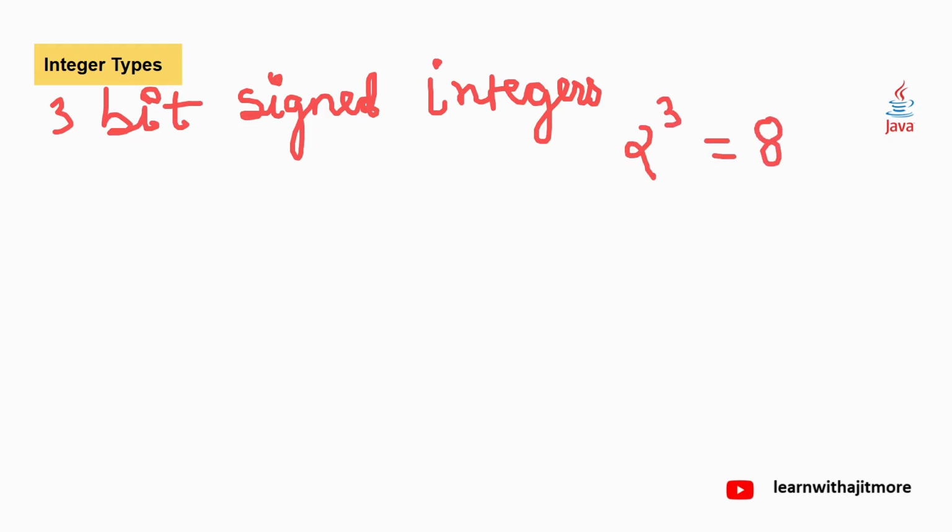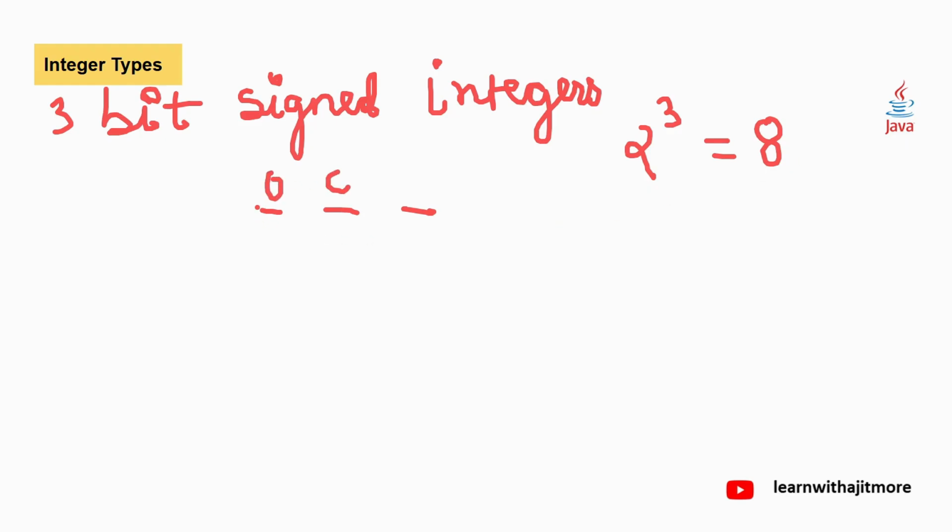Why 8 numbers only? In every bit, I can store only 2 digits, 0 or 1. If it is 3-bit, everywhere I can store 0 or 1. So everywhere 2, and there are 3 digits, I mean 3 bits. So 2 raised to 3 is 8 combinations.